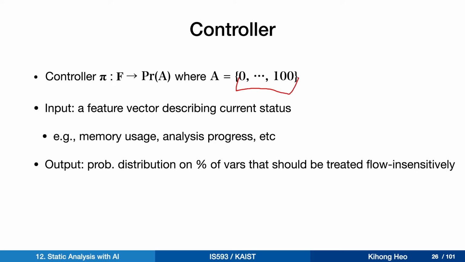That means the percentage of variables that should be treated flow insensitively from now on, from the particular moment. For example, if the output is 50, then from that particular moment 50% of variables will be analyzed in a flow insensitive way. This kind of problem can be formulated as a typical reinforcement learning problem, right?